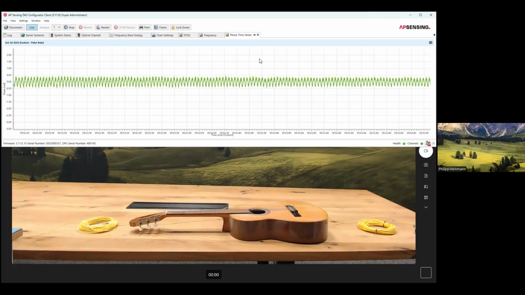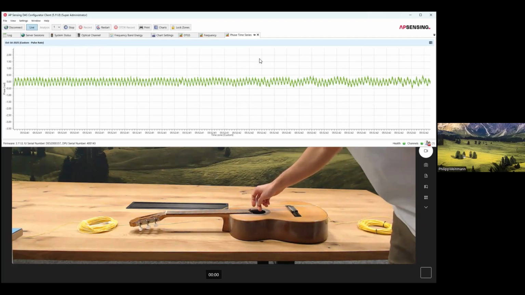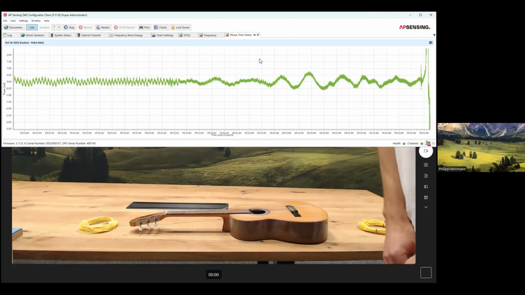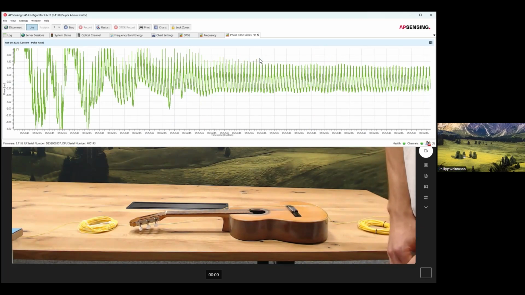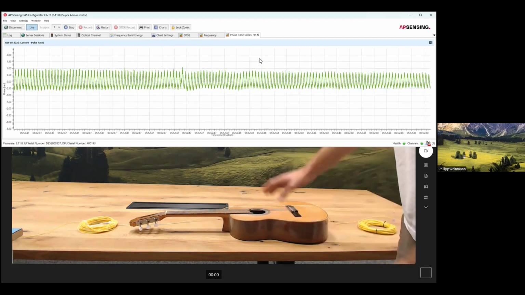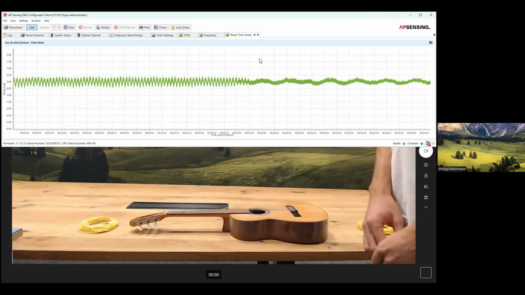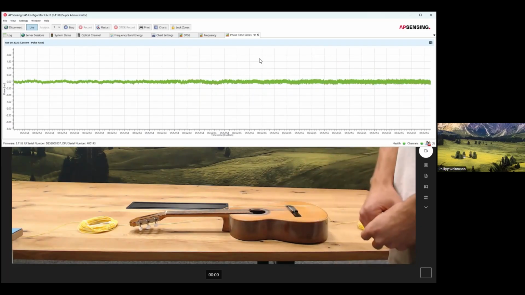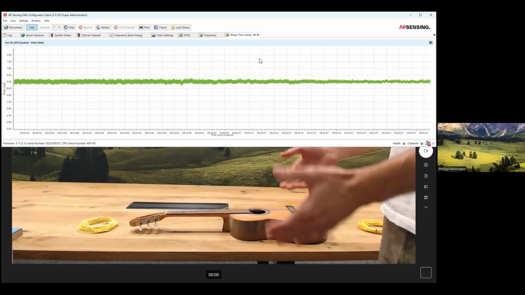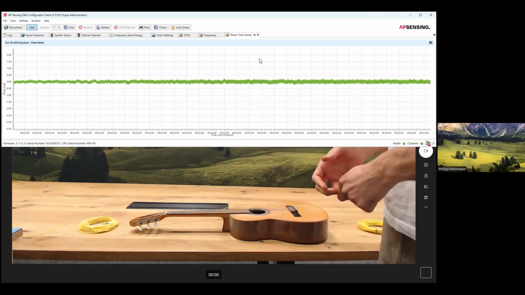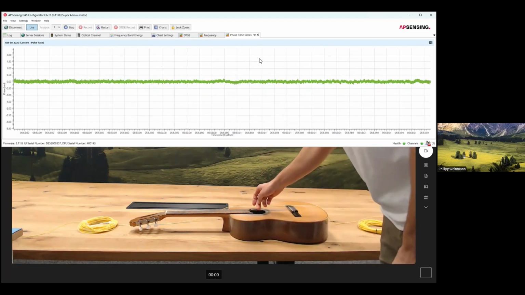And what you can see here is a periodic signal, which is exactly the vibration from the guitar housing. If I touch the string, the oscillation is gone. So meaning we are really measuring the stretching, the deformation of the glass fiber.